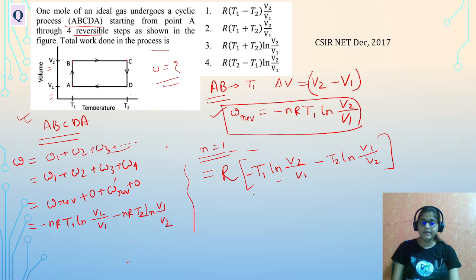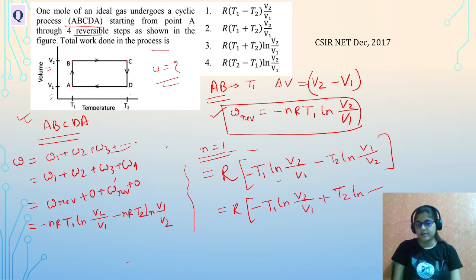In the options V2 by V1 is there, so we can rearrange the V1 by V2 into plus T2 ln V2 by V1. I have taken negative as common, and negative negative will be positive.